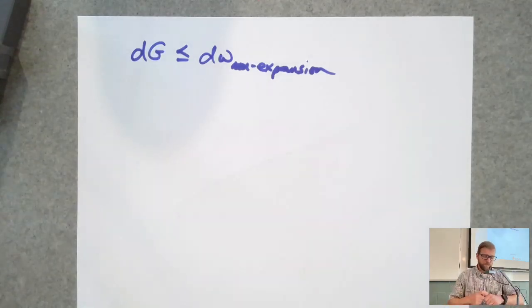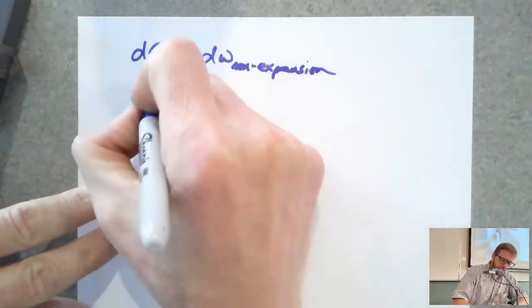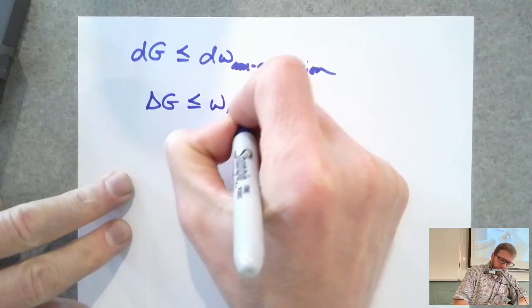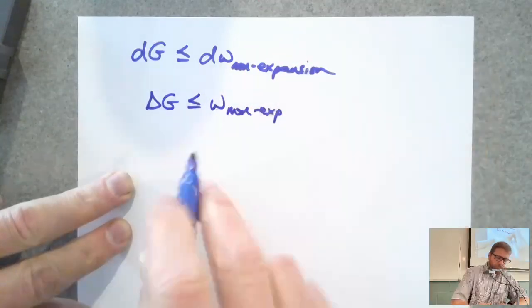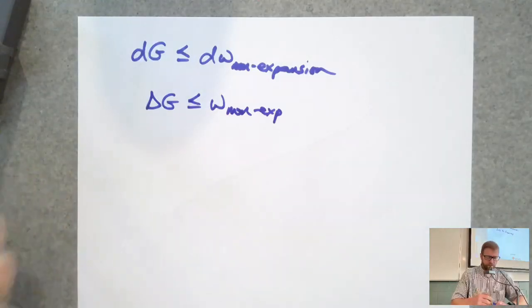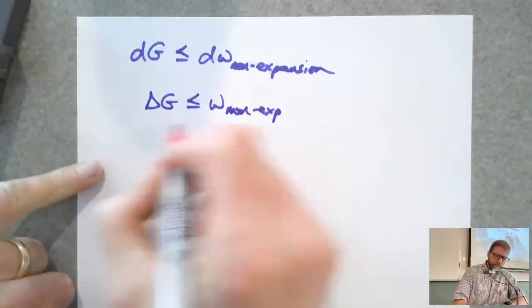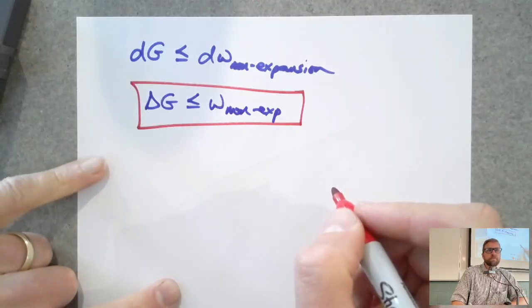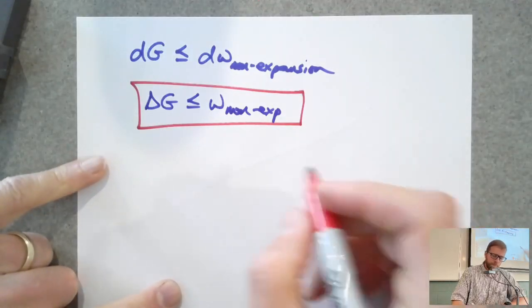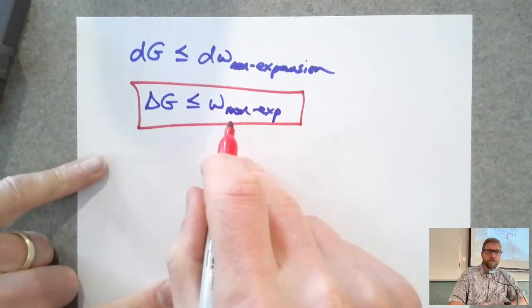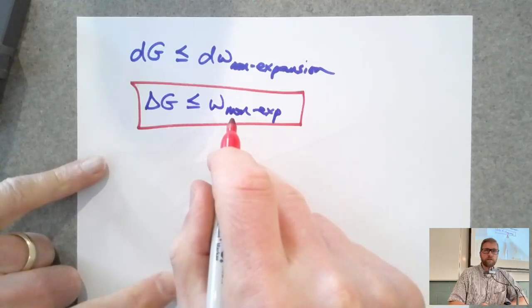So, let's write this out in integral form. What this means is that the real criterion for spontaneity is this. Delta G has to be less than or equal to the non-expansion work done.